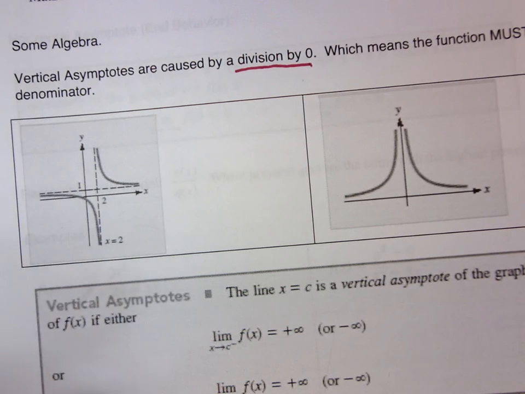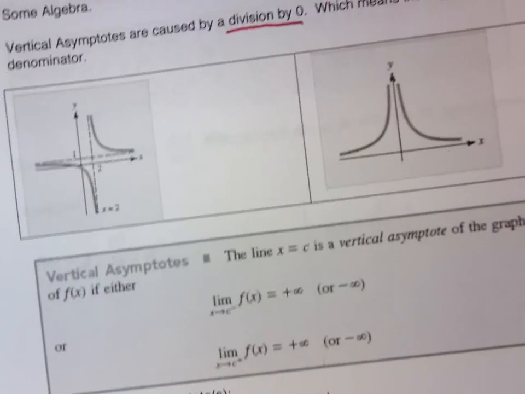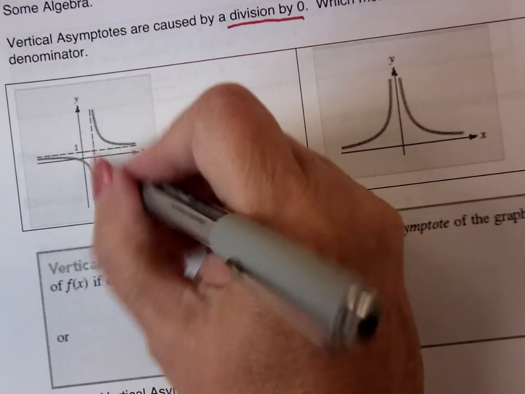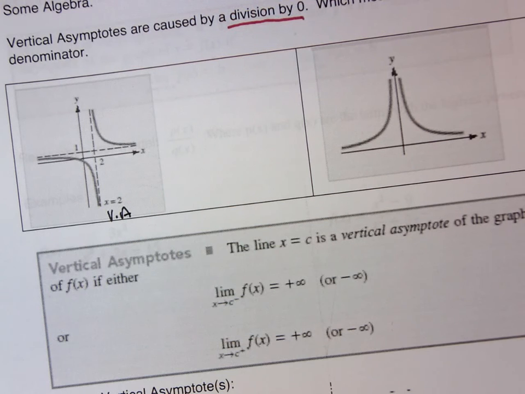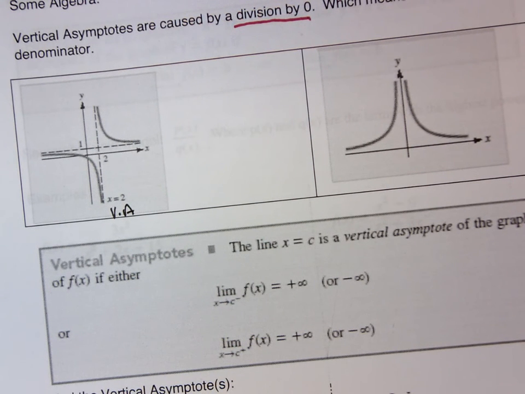And if I take a look at the two pictures and some of what it tells me, this gives me that the VA, or vertical asymptote here, is x equal 2.